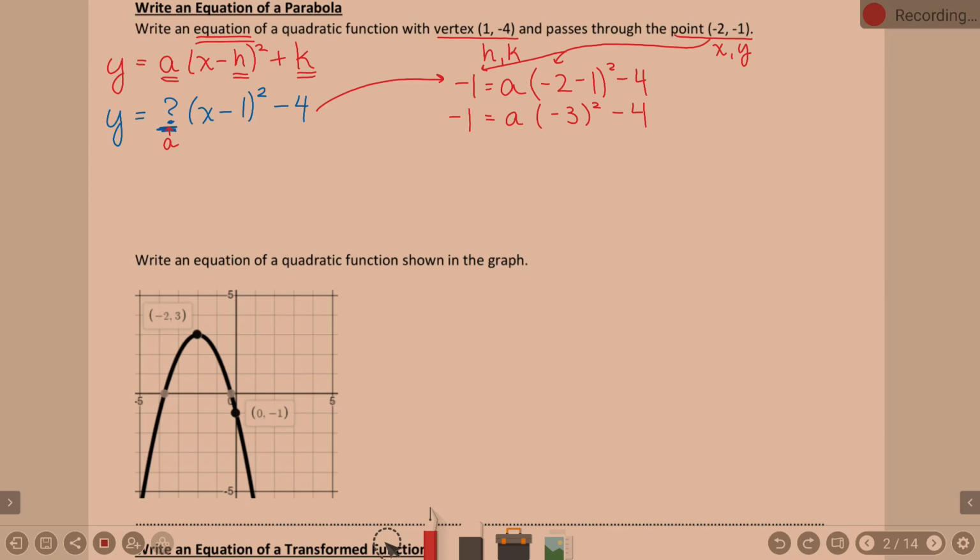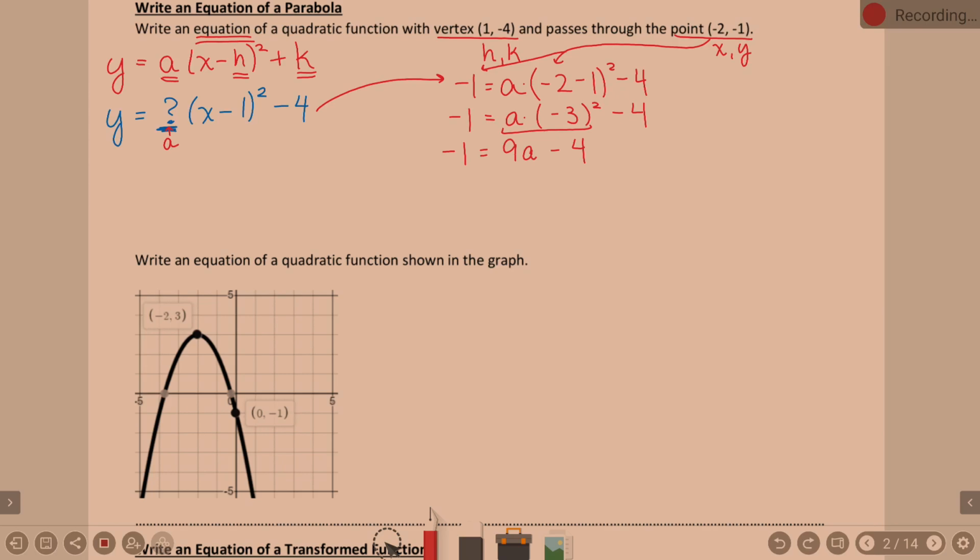Now, what is that 9 attached to? That 9 is being multiplied by the A. So be aware here. Think of this as A times 9, or 9A, and minus the 4. The mistake that some of you will make is you'll want to do 9 minus 4. But you can't do that because the 9 is attached to the A.